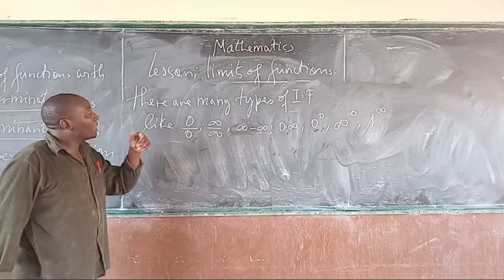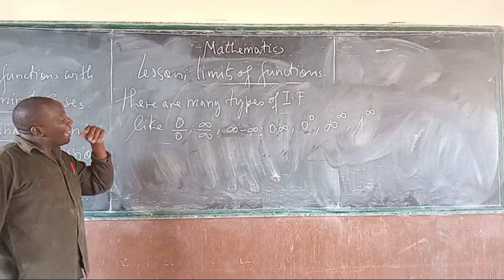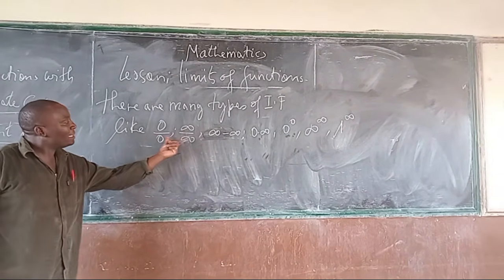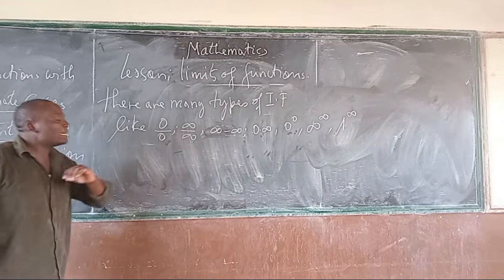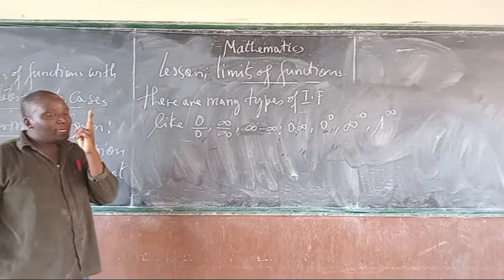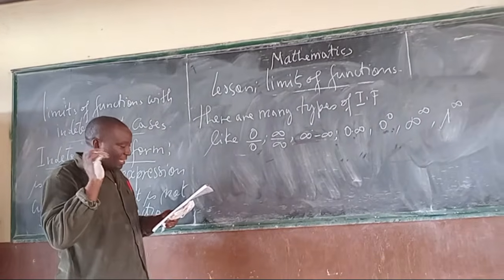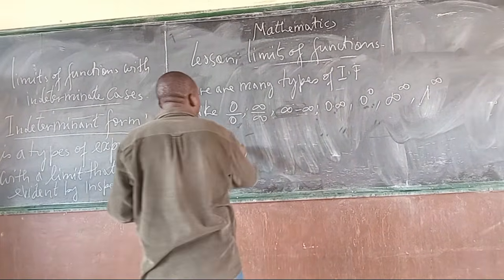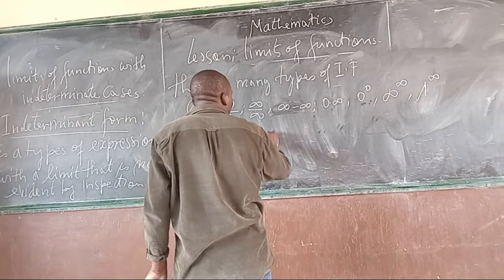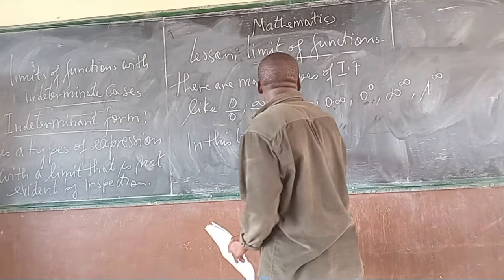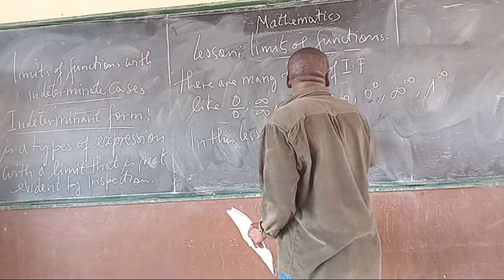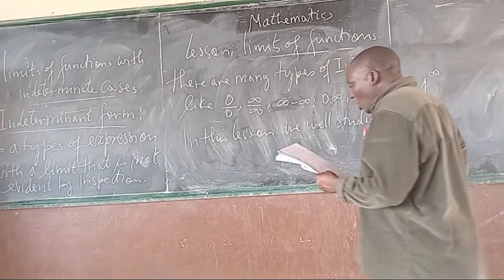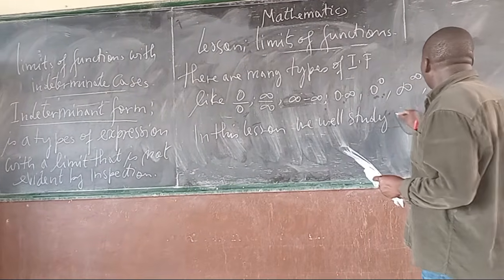During your lesson of today, we are going to deal with the limits involving those kinds of indeterminate form, but we deal with 3 cases in this lesson. In our lesson of today, we will study only 3 forms.